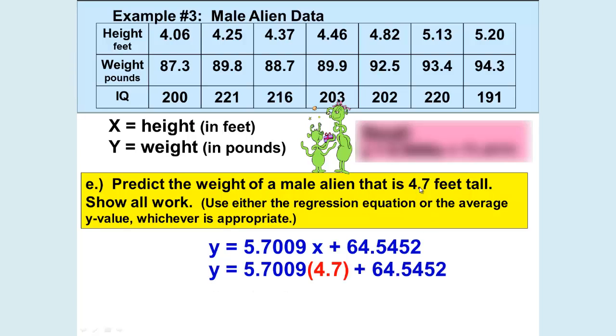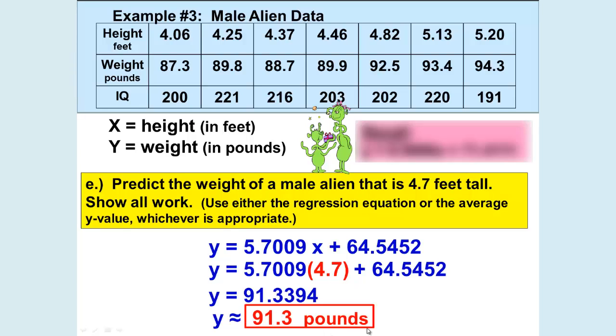We place 4.7 in place of the x because x represents the height in feet. Calculating 5.7009 times 4.7 plus 64.5452 gives us 91.3394, or approximately 91.3 pounds.